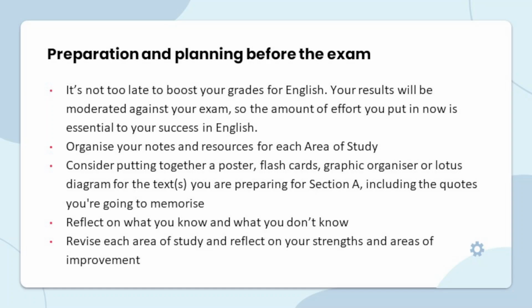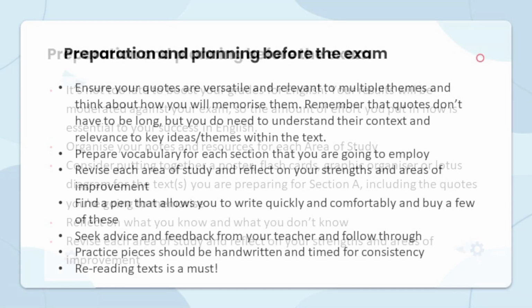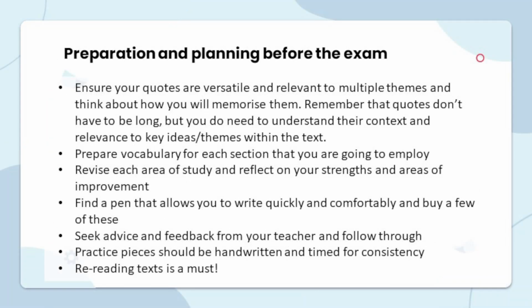Prepare vocabulary for each section, and have a list there that you're reading back through again and again, because there will be key vocab for each area of study, and that's going to help you, especially if you get into the exam and you get a bit nervous.